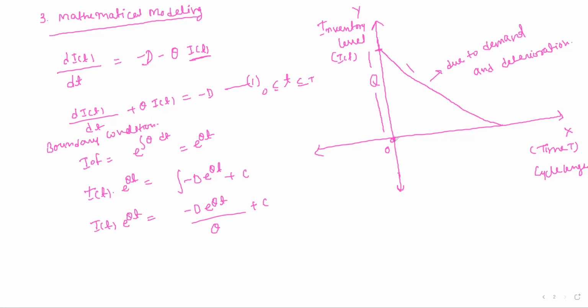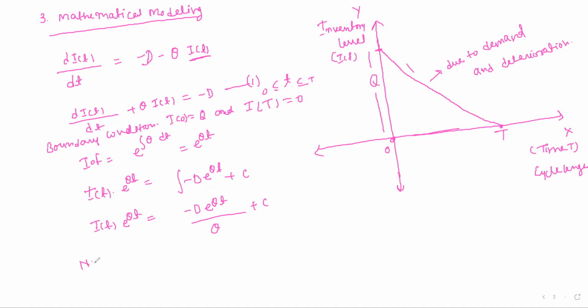From this figure, it is clear that at time 0, the inventory level is Q. So I(0) is Q, and at time T, the inventory level becomes 0. So I(T) equals 0. So to find the value of c, we apply the boundary condition.